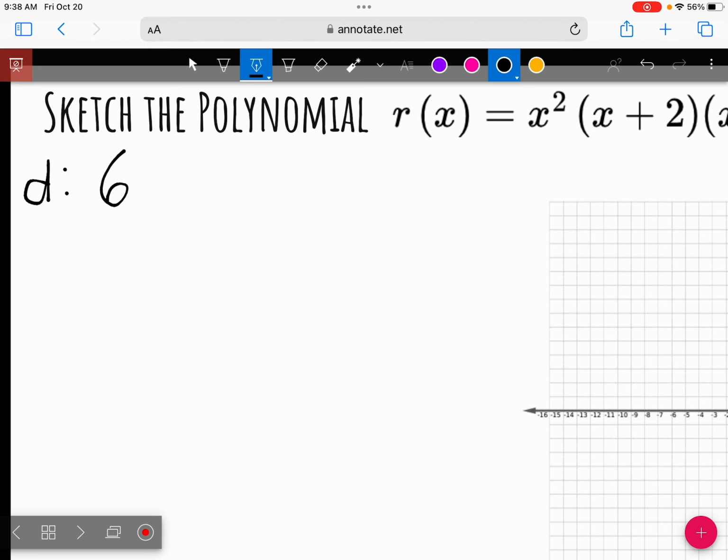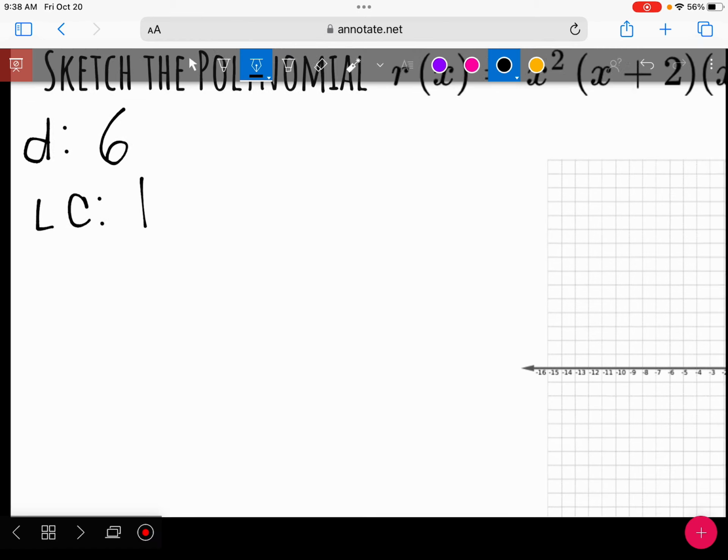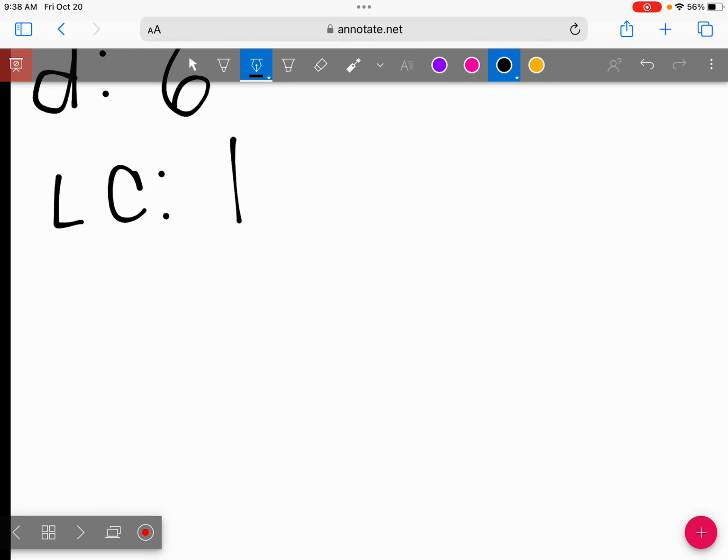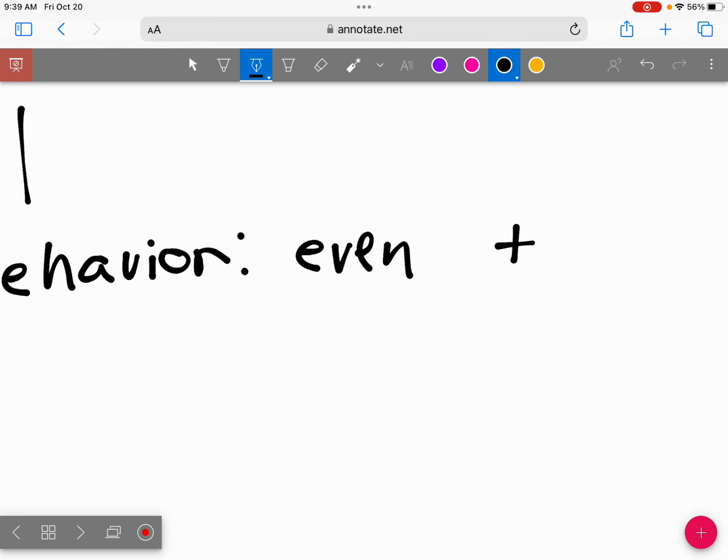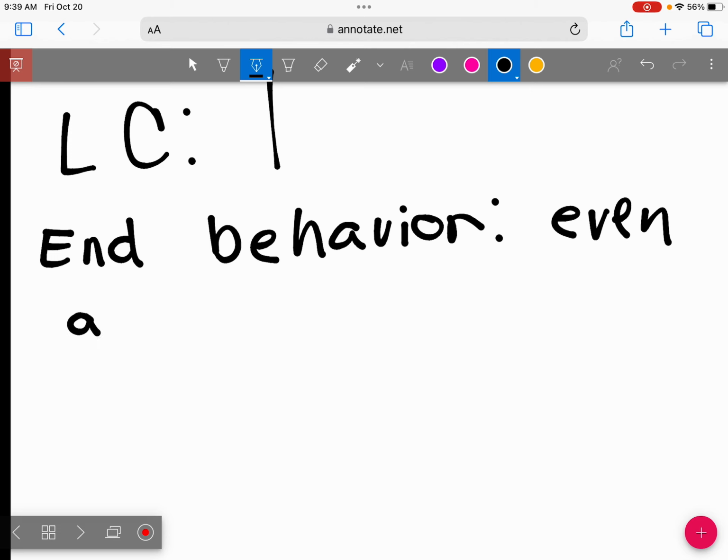All right, what is our leading coefficient? 1. So for our end behavior, are we going to be looking at evens or odd? Even. Positive or negative? Positive. So as x approaches negative infinity, oh, sorry, not f of x.